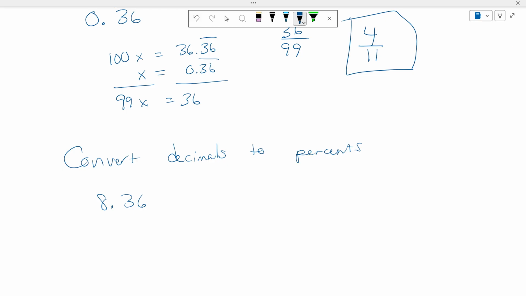When you convert a decimal to a percent, you're going to move the decimal point 2 places to the right. 2 places to the right. So 1, 2. So it would equal 836%.